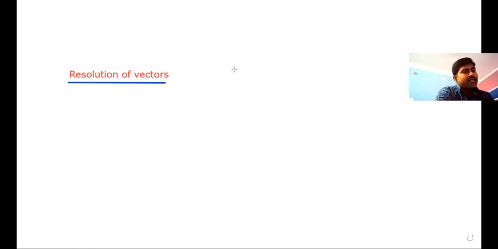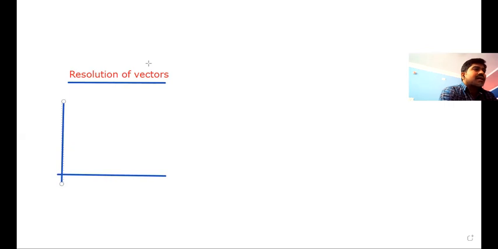But here the case is, if the whole vector magnitude is given, how to calculate different components? Okay, I will just show you some diagram here. Let me consider this is the x-axis and this one is the y-axis. For our convenience, I will just take only 2 axes, not 3 axes.